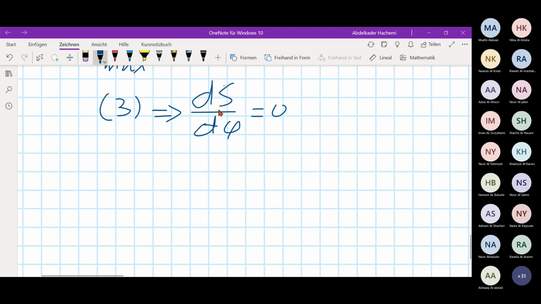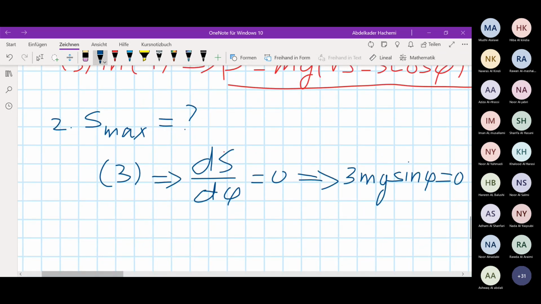Then if we make this, we get 3 mg sine phi should be equal to 0. This is the condition. Why?